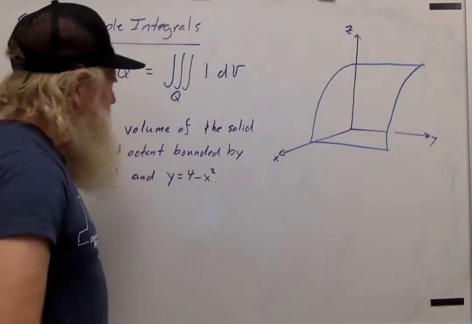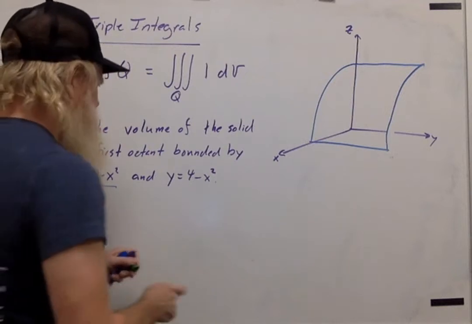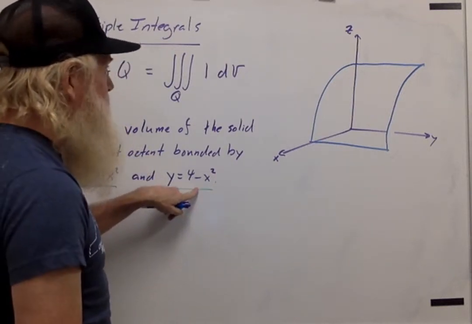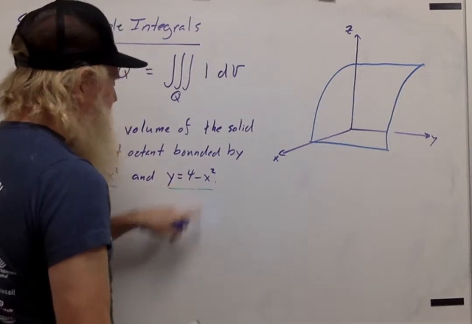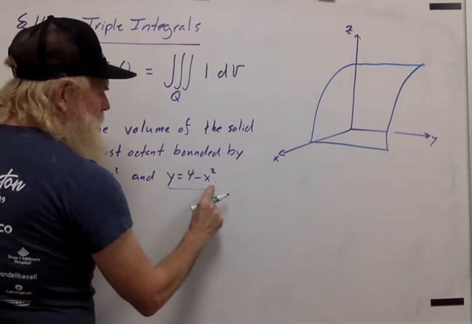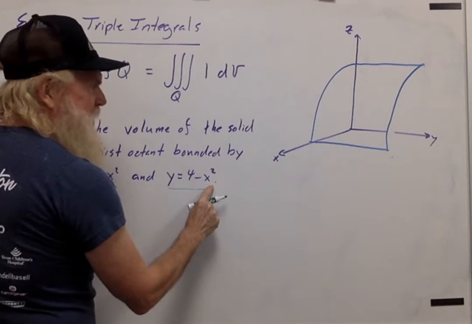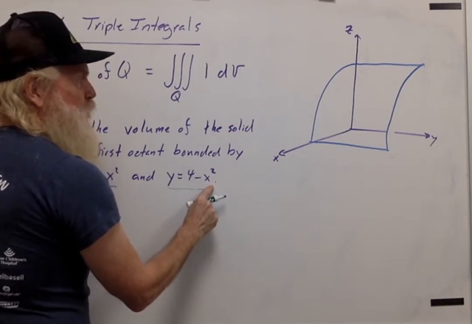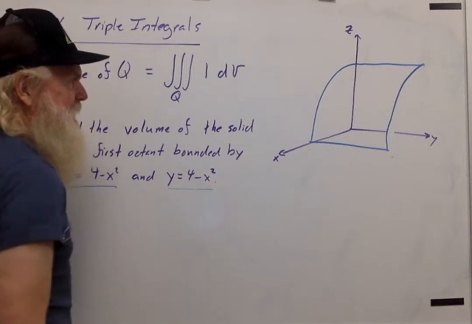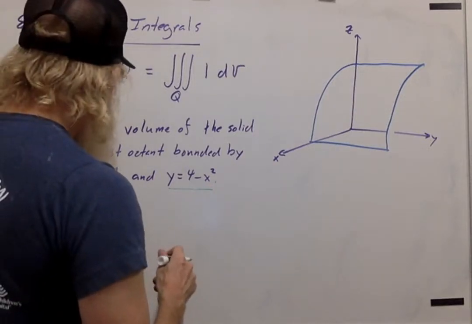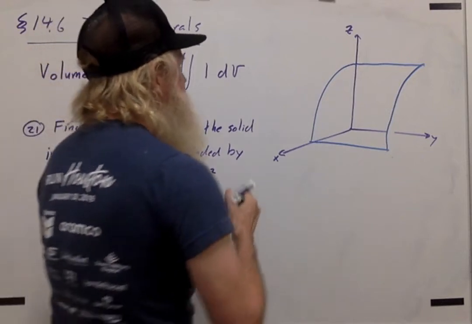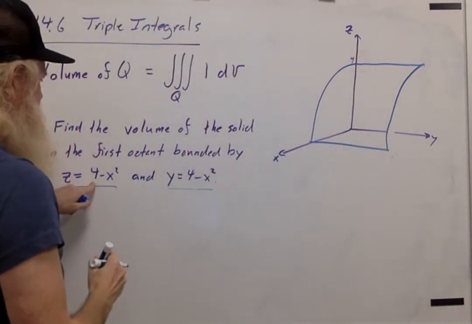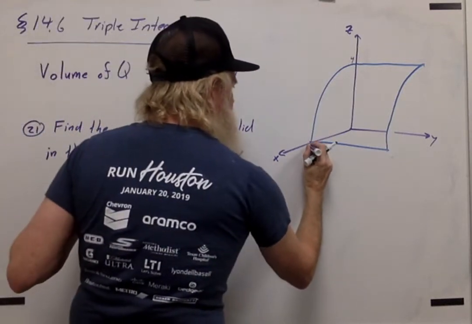Let's see if we can sketch the surface y equals 4 minus x squared. Now y equals 4 minus x squared is also going to be a cylinder. This time, it's going to be parallel to, or moving along, the z-axis. So let me begin by drawing y equals 4 minus x squared in the xy plane, and then I'm going to translate that up the z-axis. By the way, I just want to make a quick note that the previous cylinder had a z-intercept of 4 and x-intercepts of 2 and negative 2.